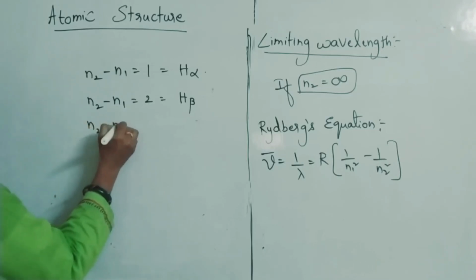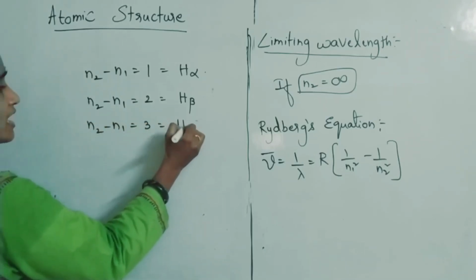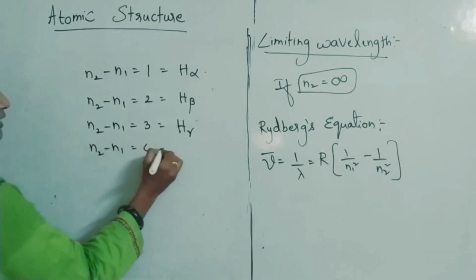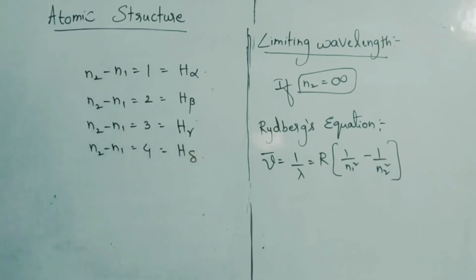If the difference is 3, H gamma line. If the difference is 4, then you call it H delta line. These are very important points which you have to remember. Please remember.